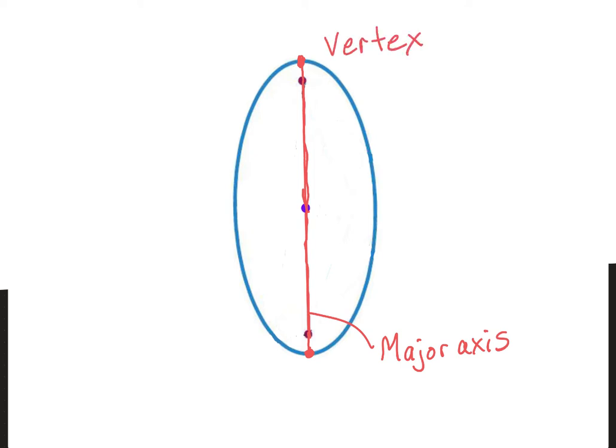So one here and one here. If we now draw a line perpendicular to the major axis that goes through the center and touches the ellipse on either side, we have drawn the minor axis. And we have two endpoints of the minor axis. They don't get a special name, they're just the endpoints.